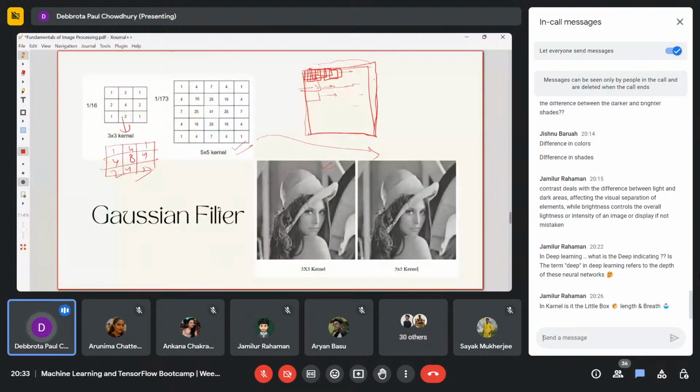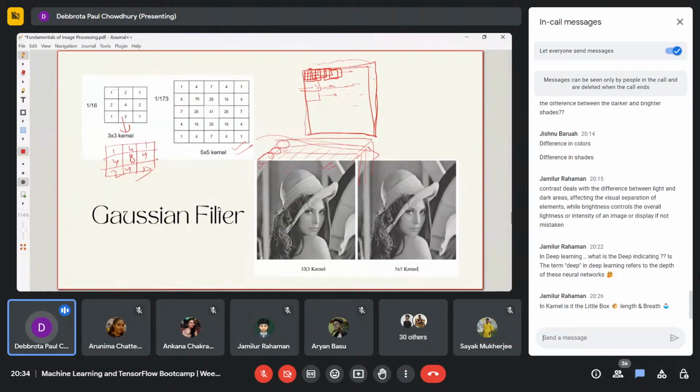So what will happen here? We are applying this to the first channel only, but in a colored image, we'll have another two channels. This will be red, this will be green, this will be blue. So this is the first channel, this is the second channel, this will be your third channel.